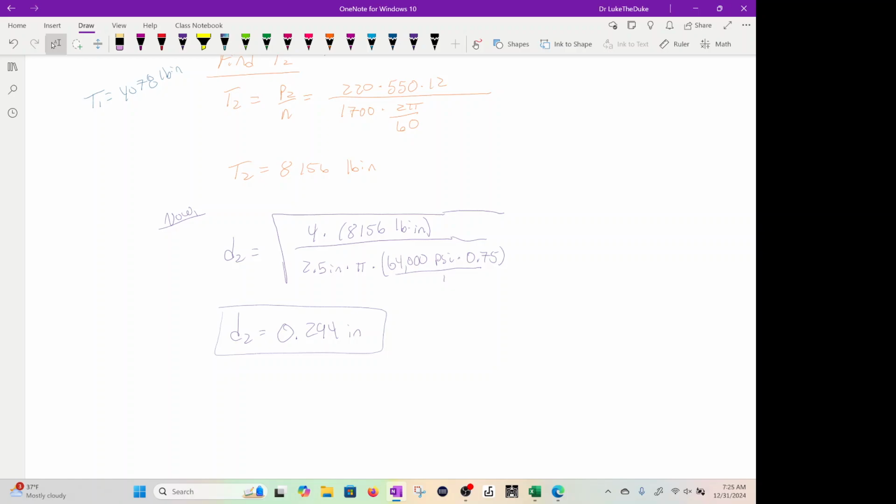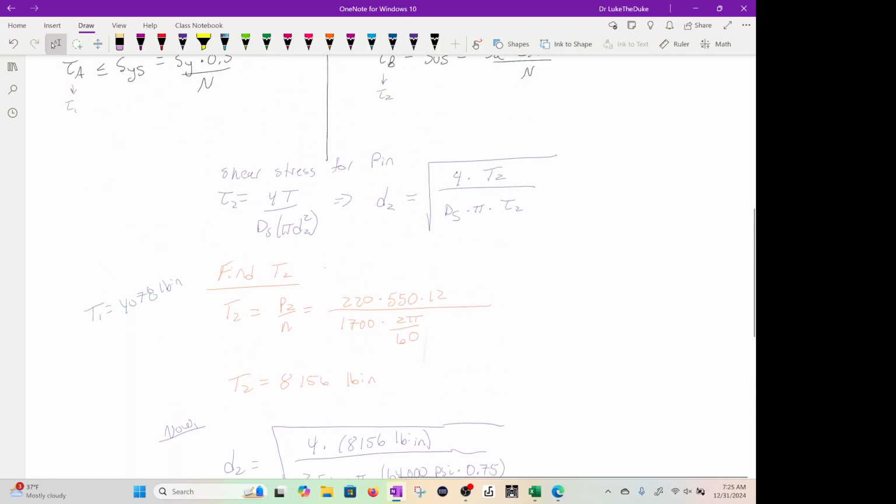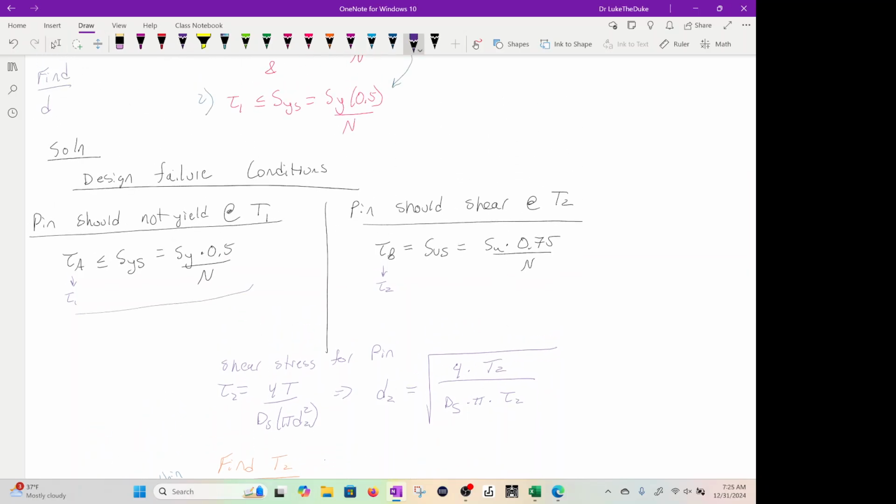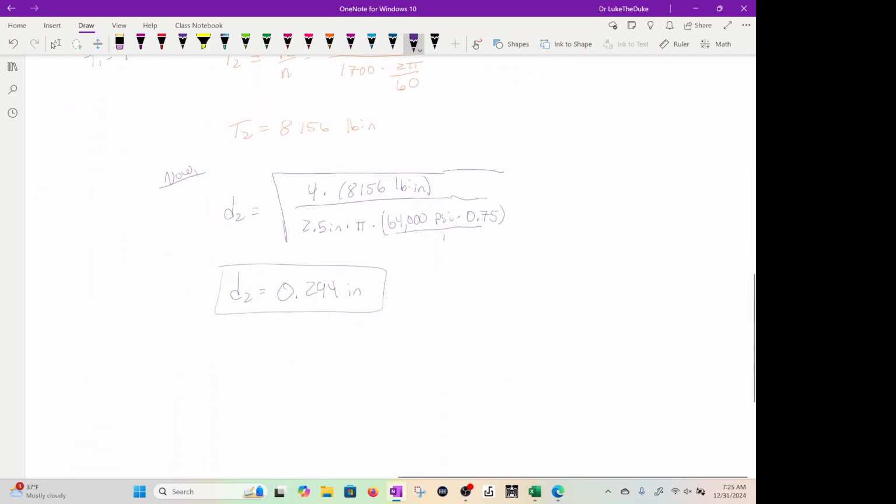Okay, so it will shear when it reaches that much stress. Okay, now we also want to make sure that that diameter satisfies this, so it doesn't yield at that. So how do we do that? Well, we need to check.